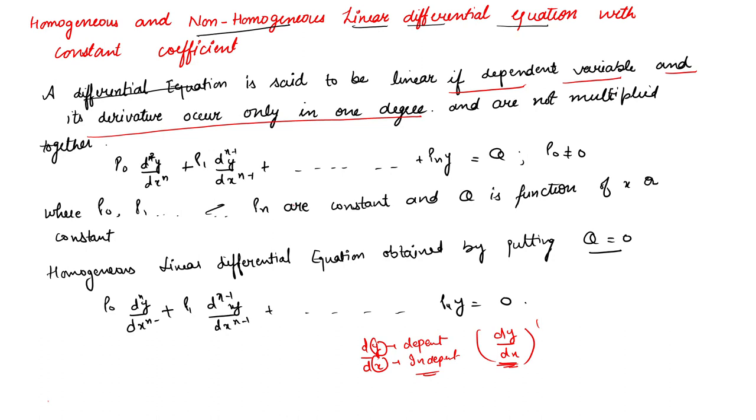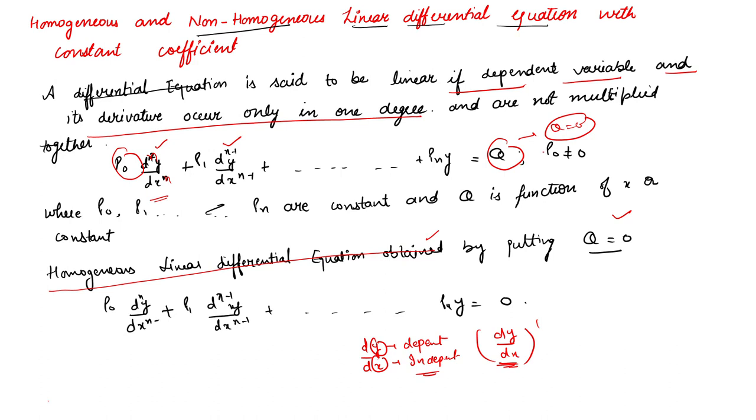And then how can you write it down? We will write it as P naught d^n y by dx^n, then the (n minus 1)th order, and so on up to Pn y equal to Q. Now, if Q is equal to 0, then it is known as a homogeneous linear differential equation.